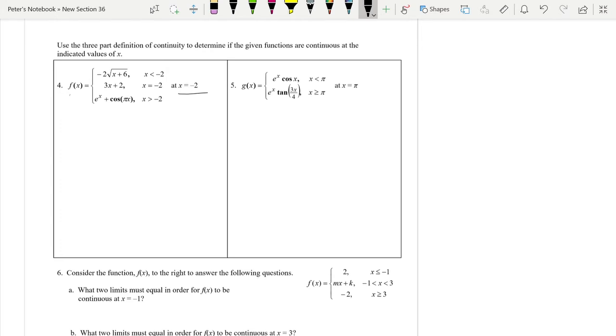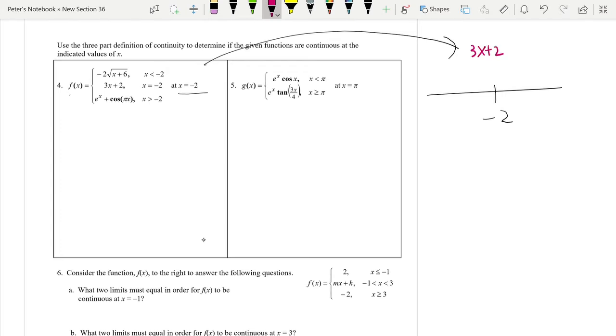So negative 2. If you look at this function over here, at negative 2, the actual function value is going to follow 3x plus 2.